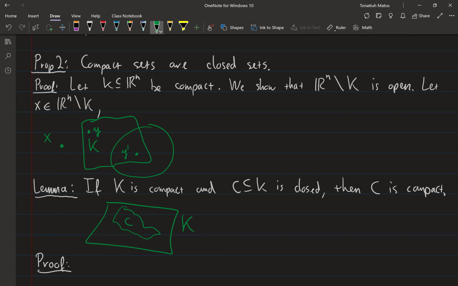So this is y prime, right? This radius can be large because it's far away. Those points that are close to x though, let's say x is not too far from the border, from the boundary, then I need a smaller radius, right? But the point is, I can do that for every point, right?